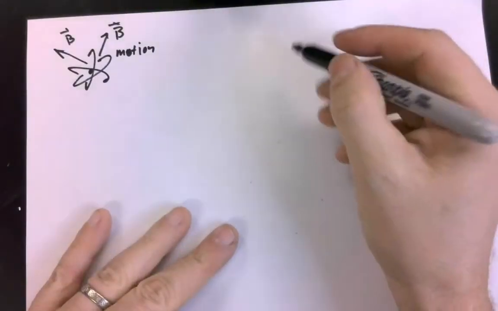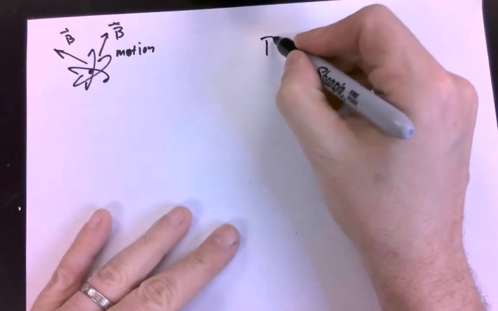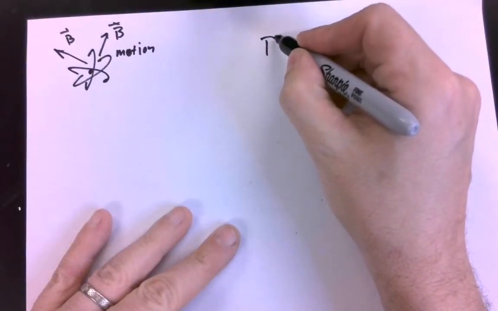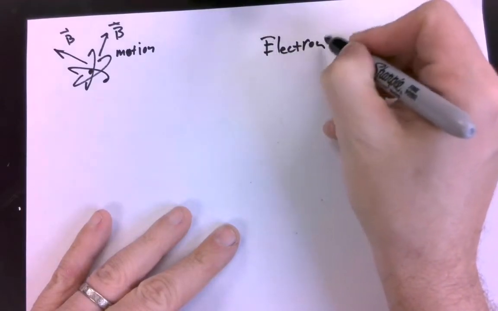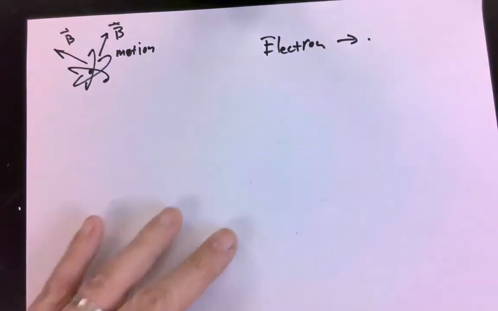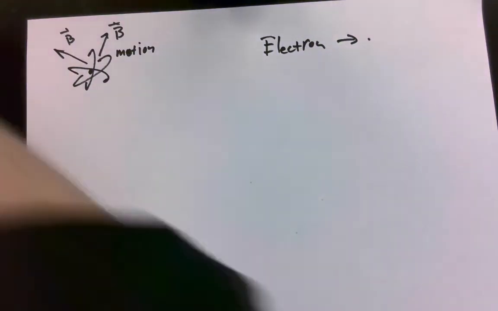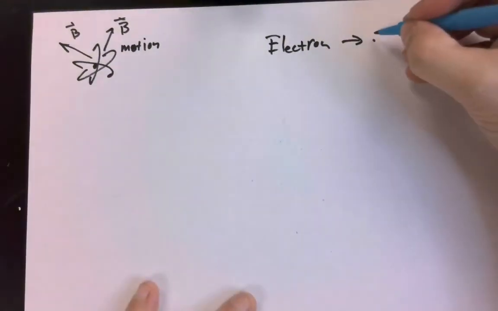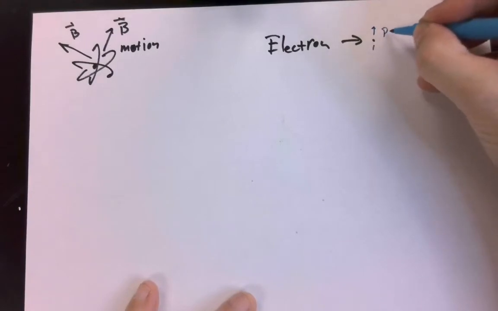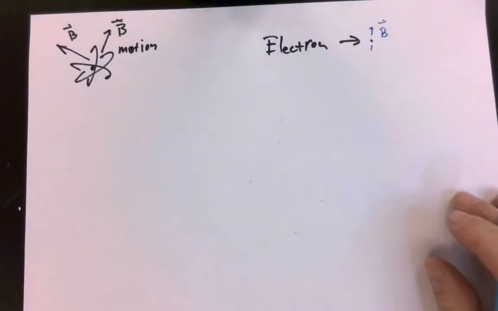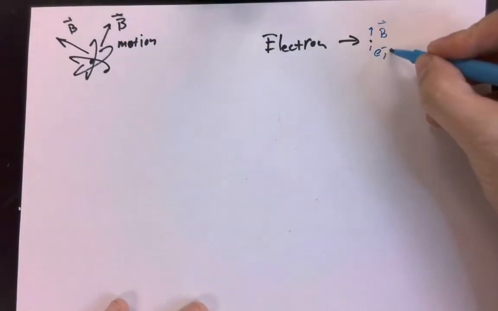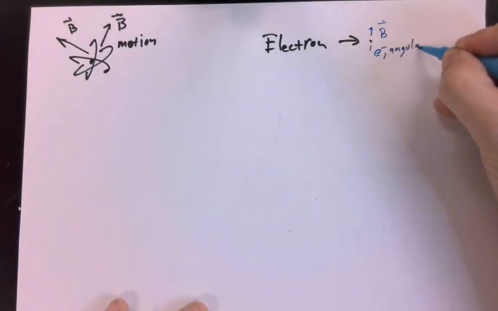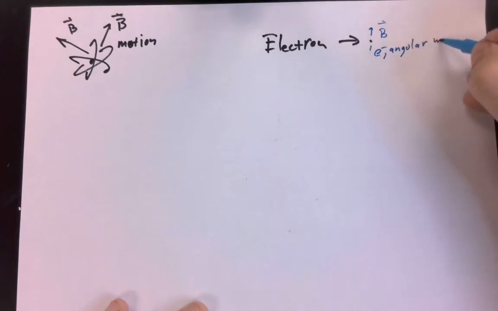Even an individual electron, which in modern physics is regarded as a point particle, a sort of zero-dimensional Euclidean point, has a magnetic dipole moment due to the fact that it is electrically charged and it has angular momentum, what's called spin in particle physics.